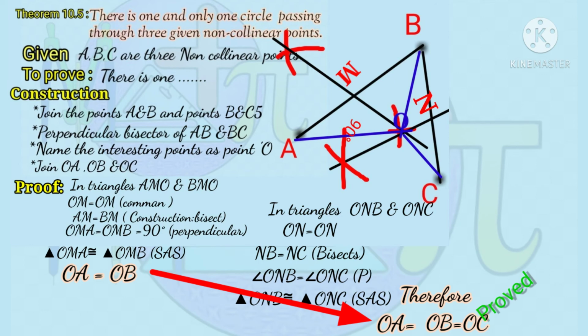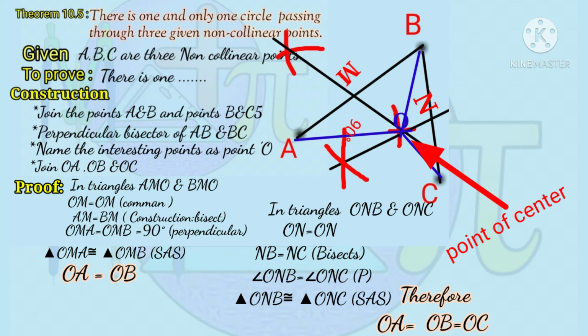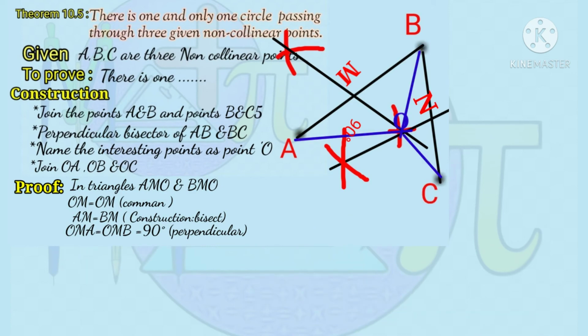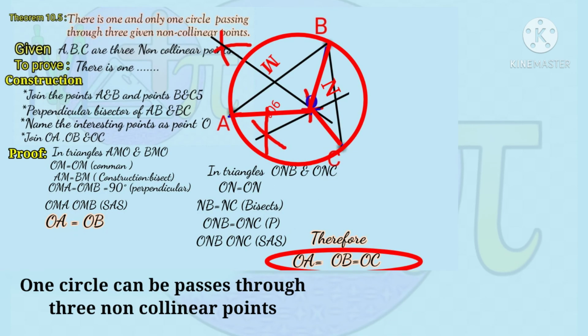So let's take O as the center, take the distance OA equal to OB equal to OC, and draw a circle. We can draw a circle that passes through these 3 points. Hence we have proved that a circle can pass through any 3 non-collinear points.